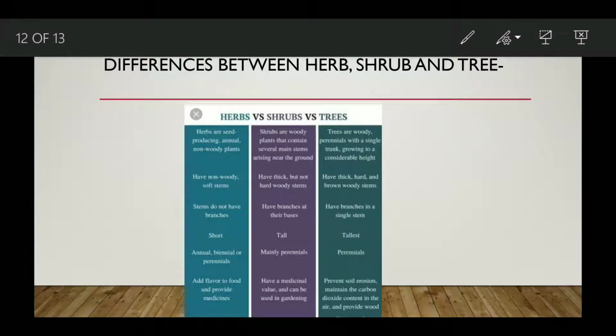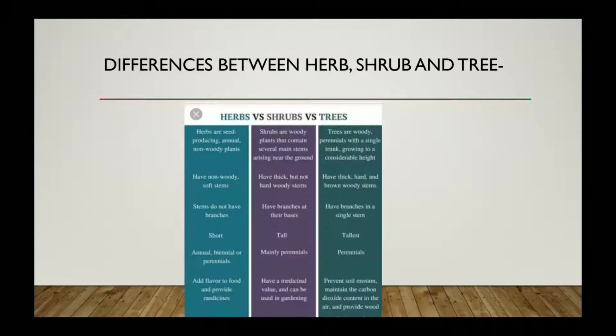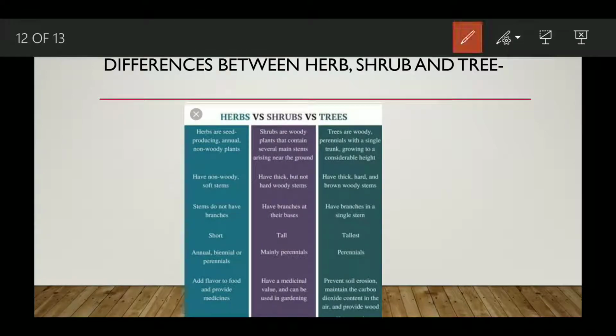Now the next topic is the differences between herbs, shrubs, and trees. Herbs are seed producing, annual, non woody plants. Students, annual means the plant which grows for just 1 year.